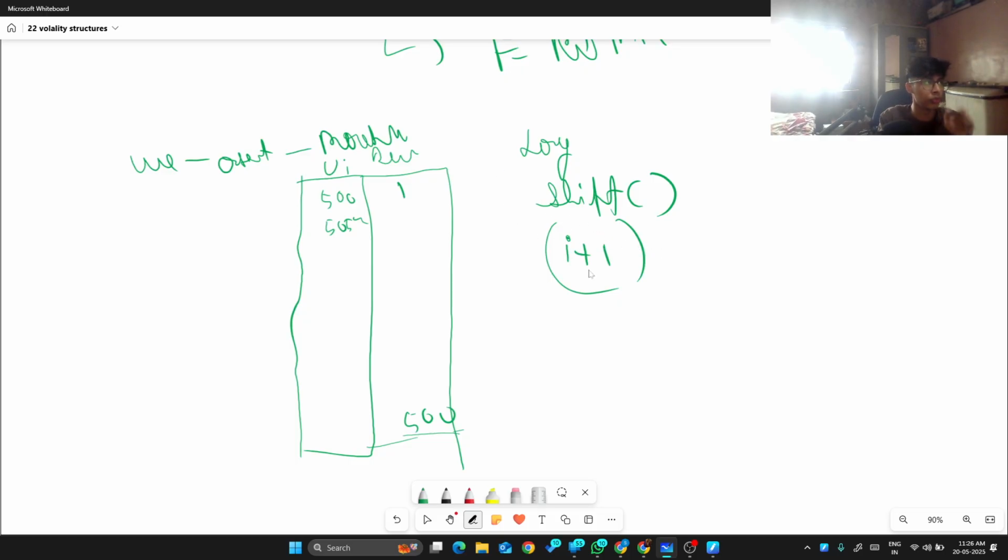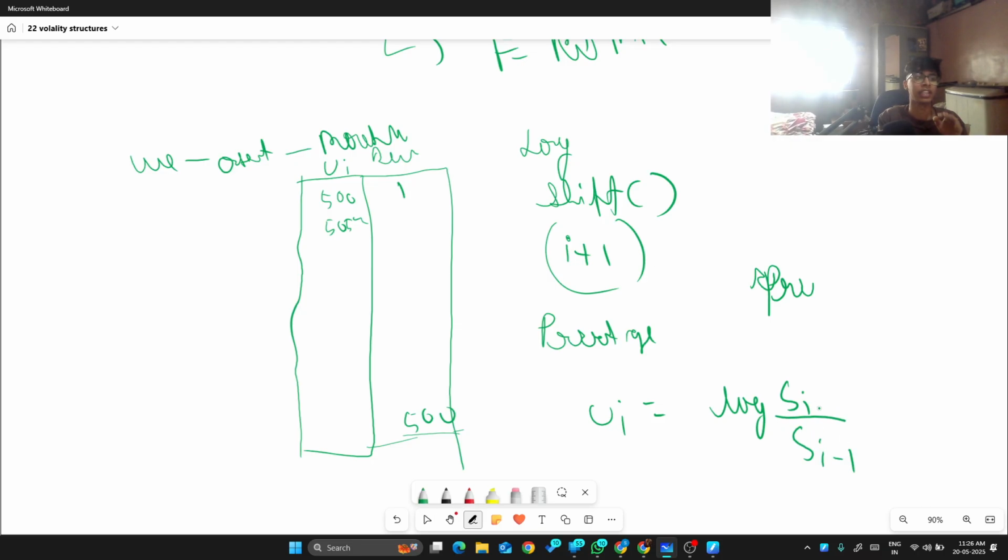To find the percentage change, in Python there is a percentage change function which can do this, that is u_i equal to log of S_i, the current timestamp, divided by the previous timestamp, that is lag of S_i. So you can think of it as a log of lag of S_i, and the lag operator is used very much.